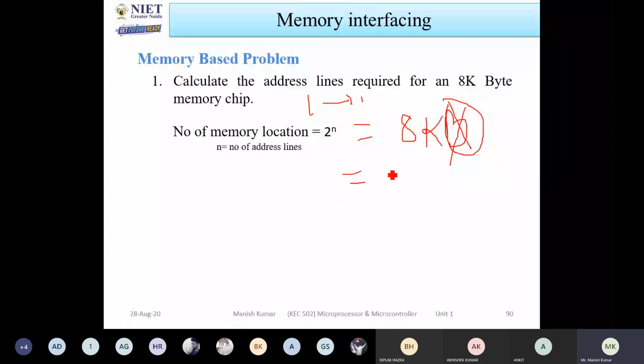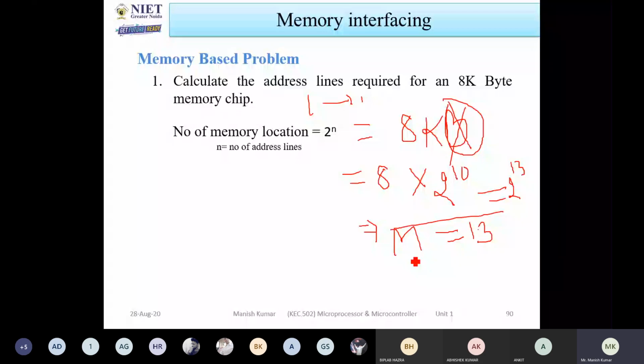So 8k, what is the meaning of 1k? 2 to the power 10, correct? 1024. So if 1024 is converted, it is 2 to the power 10. So if you calculate it, 8 is 2 to the power 3, so you get 2 to the power 13. Okay, so what is the value of n? 13.